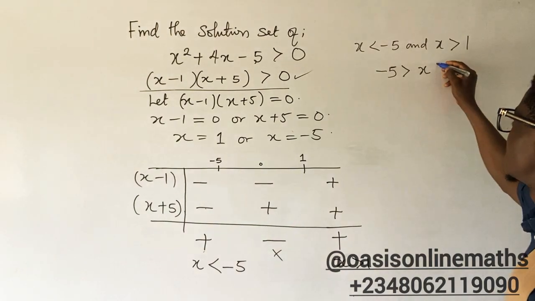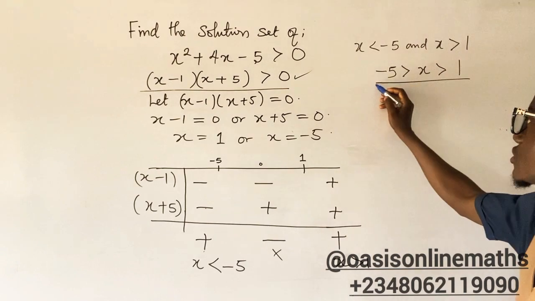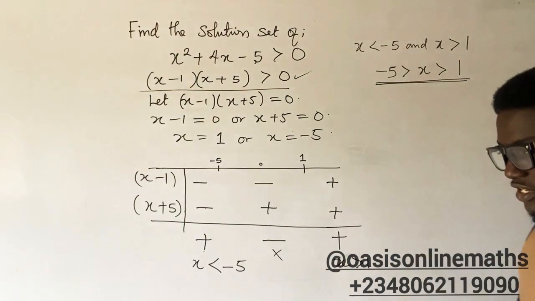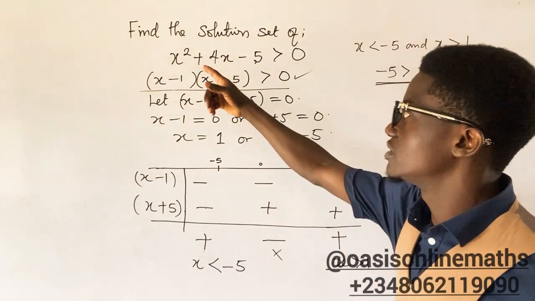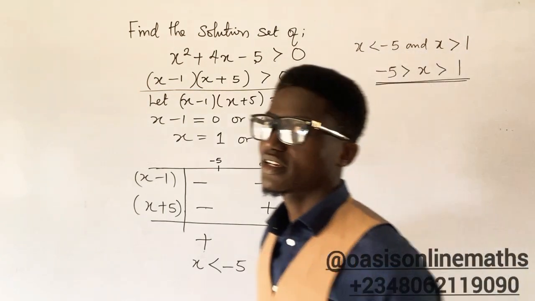Therefore, we combine it with this and this. Hence, this is the possible solution set for this quadratic inequality: x squared plus 4x minus 5 greater than 0.